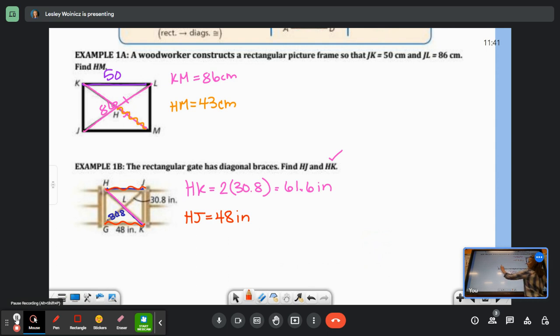So this is my best guess for HK, since none of you have checked me on a calculator.